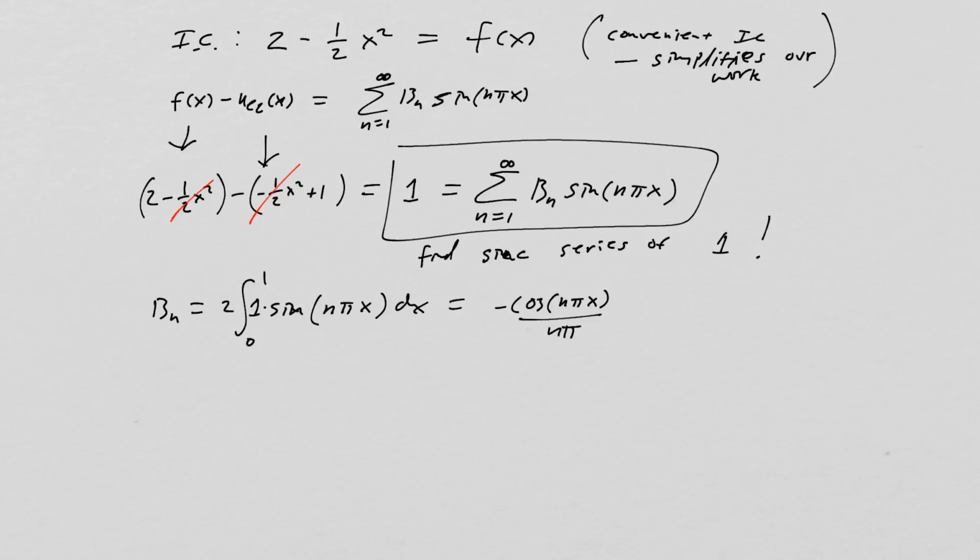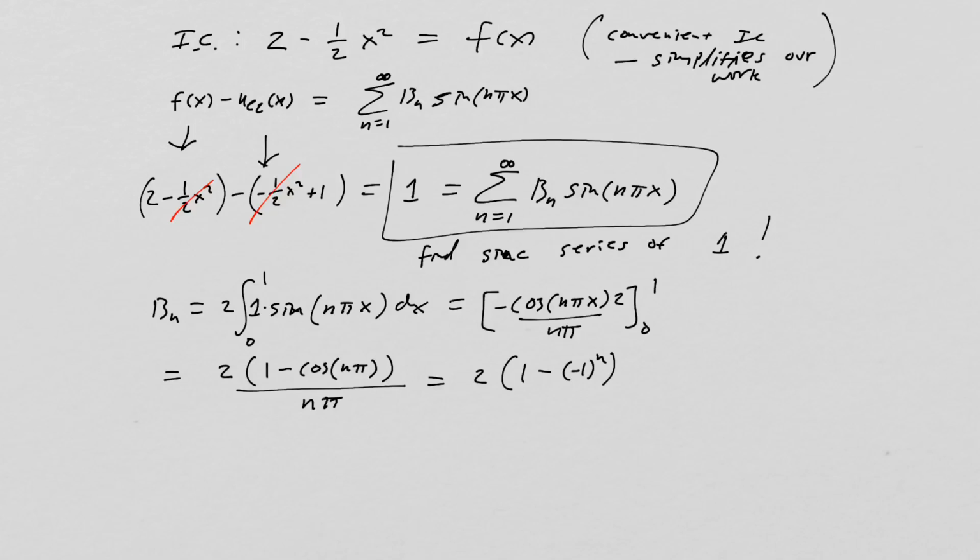Then we multiply by 2 and evaluate from 0 to 1. So we have 2 times 1 minus cosine of n pi all over n pi, which we can also express as 2 times 1 minus negative 1 to the n power, all over n pi.